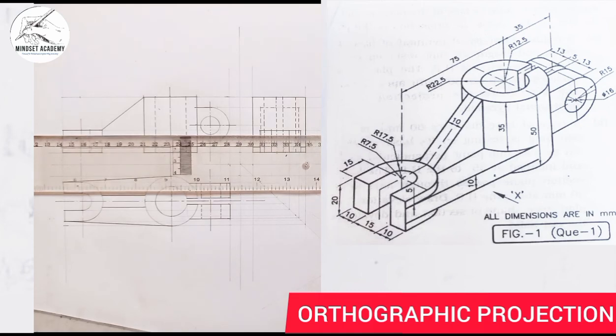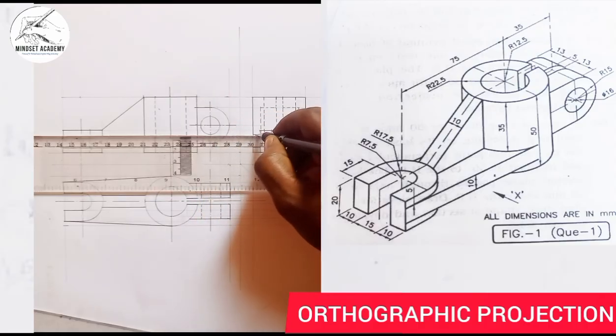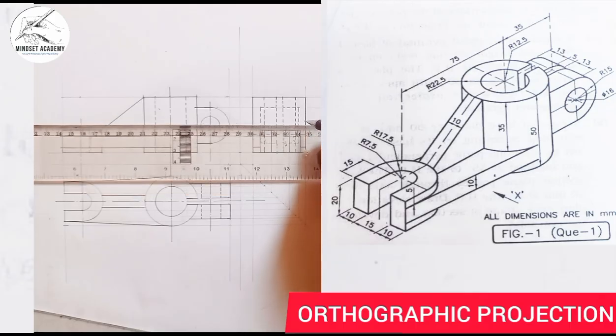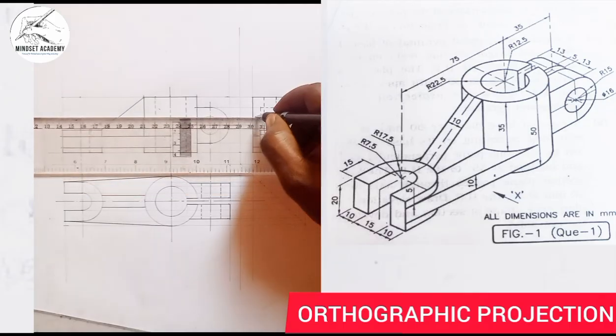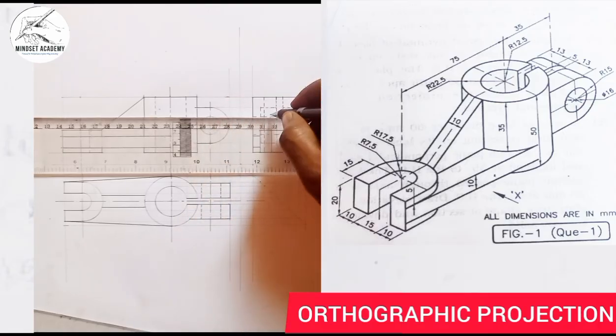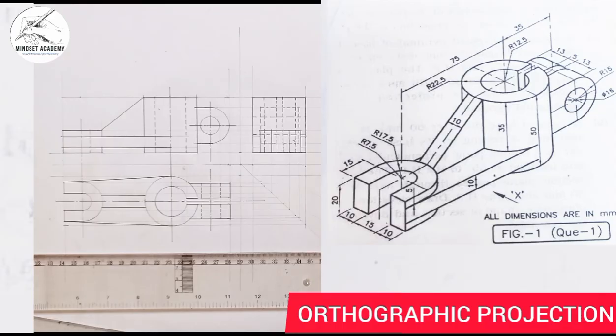You will see it as a hidden line, like this. It's going through. So the hidden line is much. Then here too, it's going through. So this is what we have.